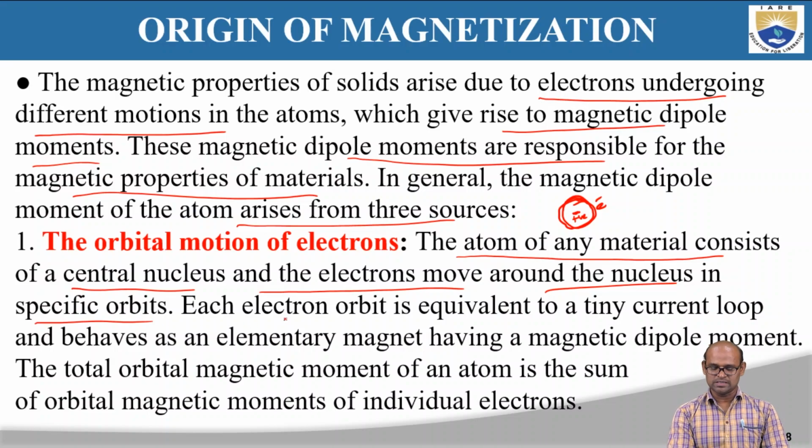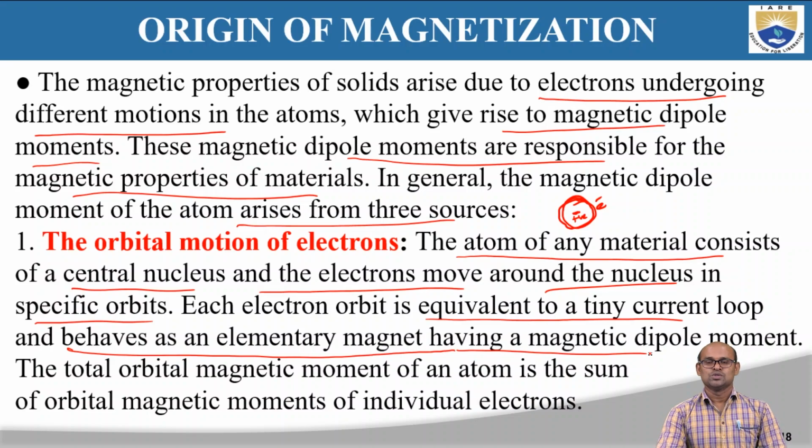Each electron orbit is equivalent to a tiny current loop and behaves as an elementary magnet having a magnetic dipole moment. We know that any closed loop of current-carrying conductor generates a magnetic field. Here, in a circular orbital, the electron is moving, and the motion of electrons is nothing but a current.